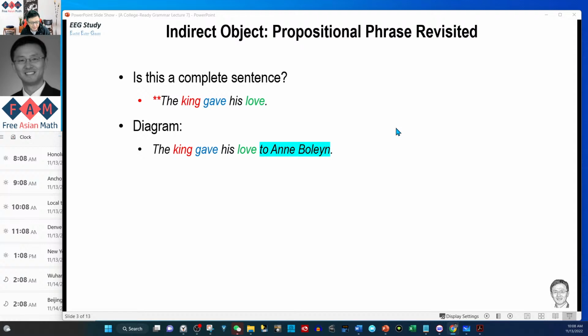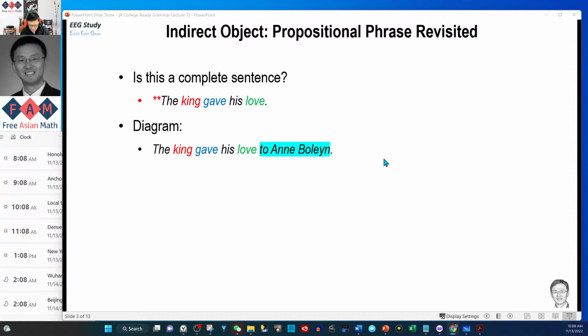Well, what does it modify? Well, if you think carefully, this modifies a verb, give, right? It tells us where this giving action is going. Okay, so in this case, we can think logically that Anne Boleyn is the recipient of this object, love.